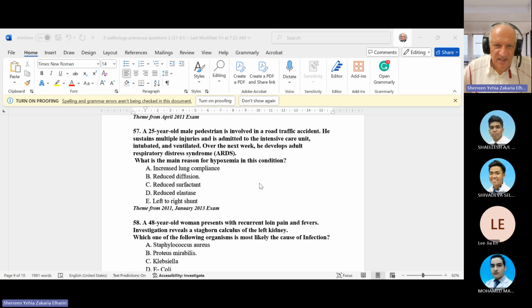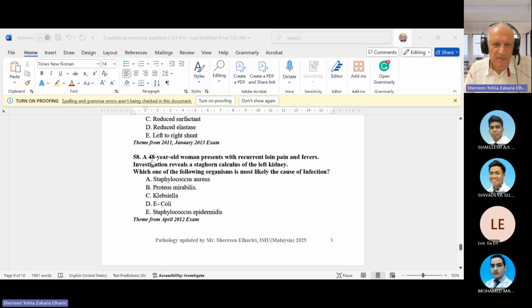This is why we call it adult respiratory distress syndrome, because it is not a congenital lack of surfactant, it is something induced. Reduced elastase is not related, left to right shunt is not related. So we also have respiratory distress syndrome in baby if he has a lack of surfactant due to underdevelopment of pneumocyte 2, which secretes surfactant. But ARDS is an affection of ventilation-perfusion, mainly perfusion.